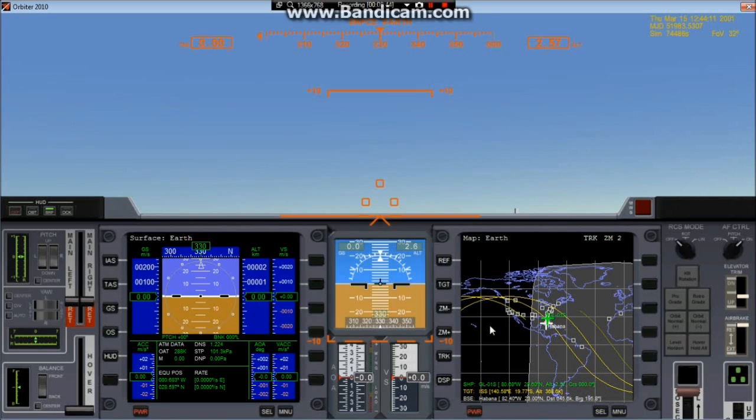And similarly, we have 80.7 plus 20.66, meaning when the ISS is at 101.36 degrees west longitude, we take off.